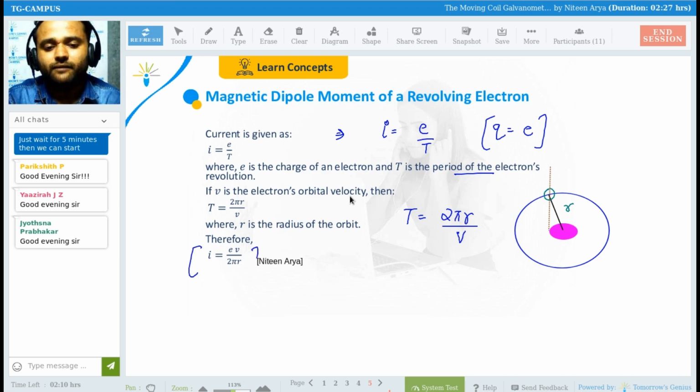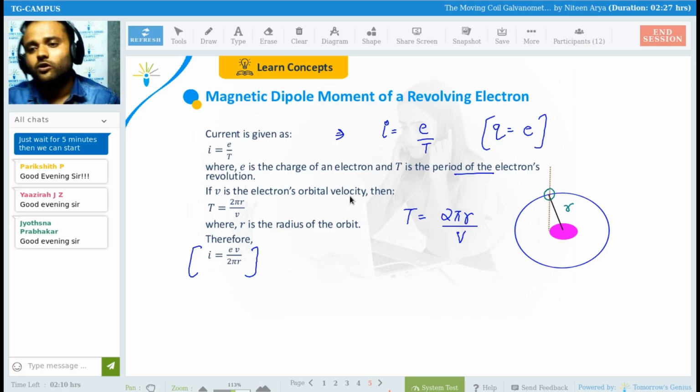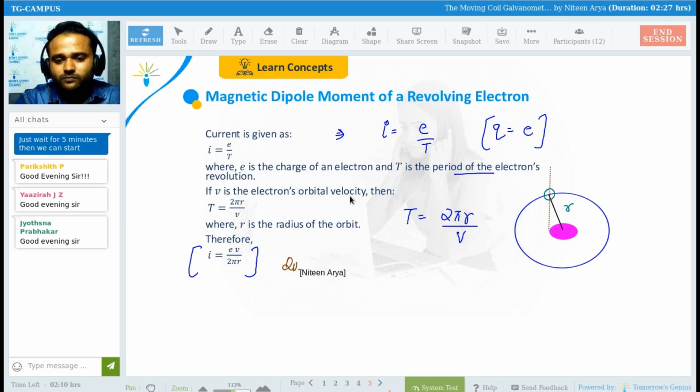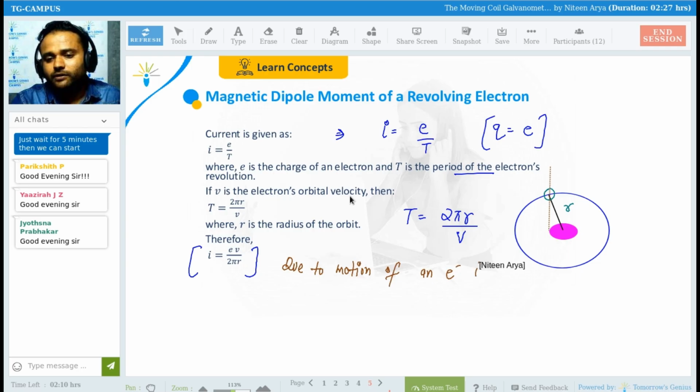So from here we can find the current due to the motion of an electron in an atom.